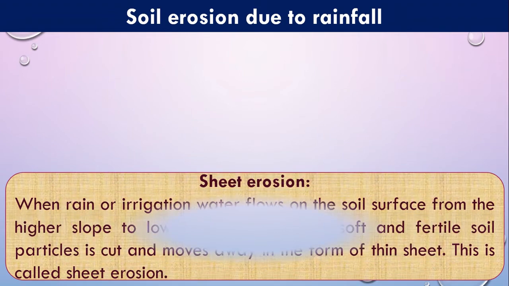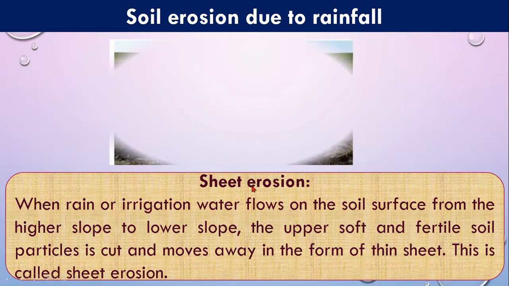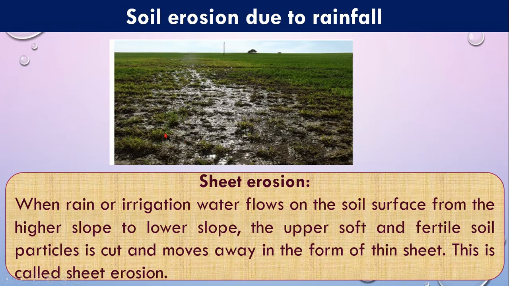First one is sheet erosion. If you have a look at this picture, you can easily understand what sheet erosion is. That means when rain or irrigation water flows on the soil surface from the higher slope to the lower slope, from one place to another, the upper soft and fertile soil particles are cut and move away in the form of a thin sheet. This is called sheet erosion.